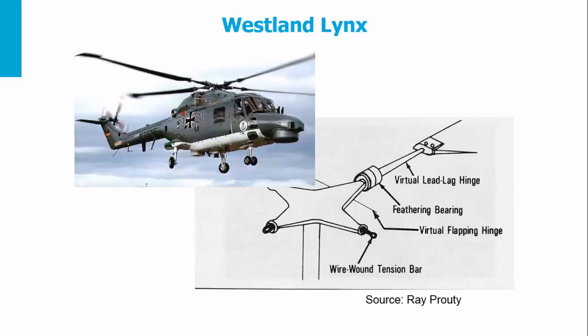So you have the feathering bearing and the virtual flapping hinge and the virtual lead-lag hinge. It involved the so-called dog bone design, where a match of the stiffness in torsion was made in order to avoid aeroelastic instabilities.